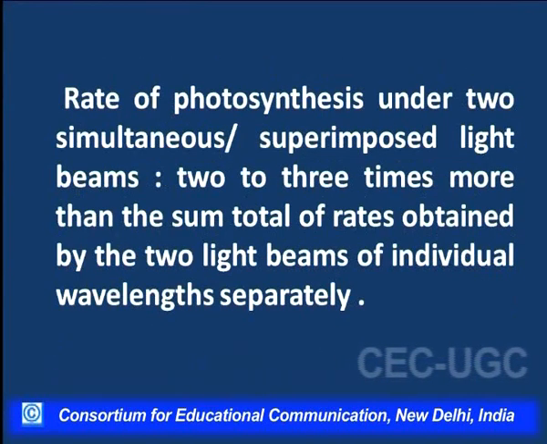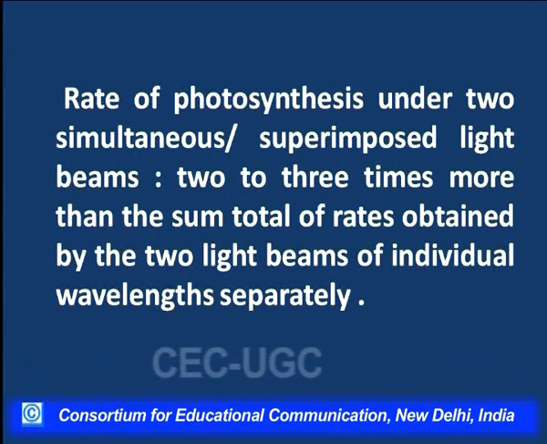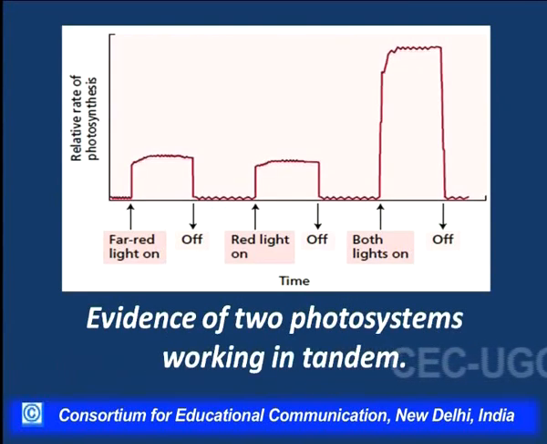Not even just normal: under two simultaneous or superimposed light beams, the rate could be 2 or 3 times more than the sum total of the rates obtained by the two beams individually. So this was a sudden enhancement in the rate of photosynthesis.